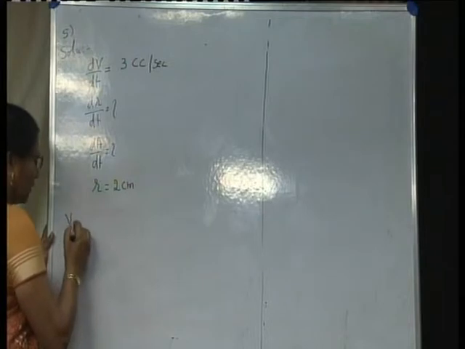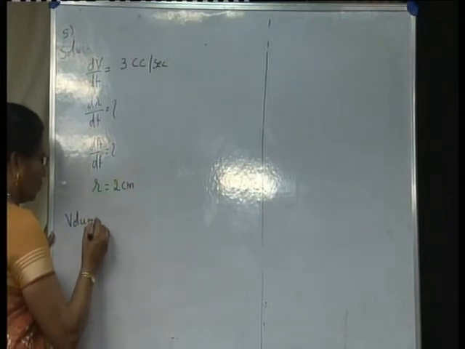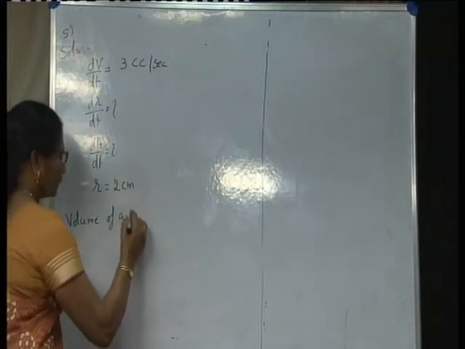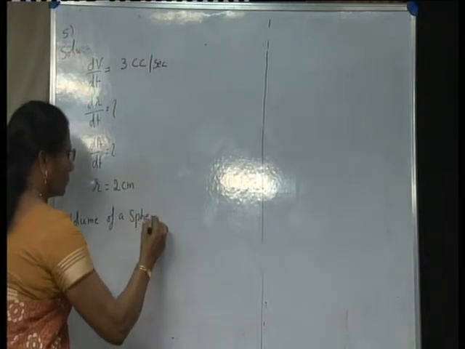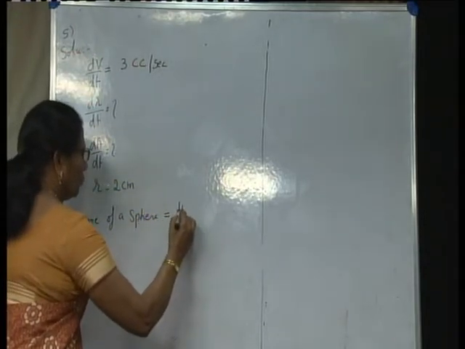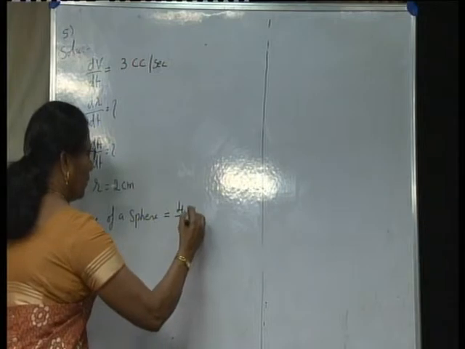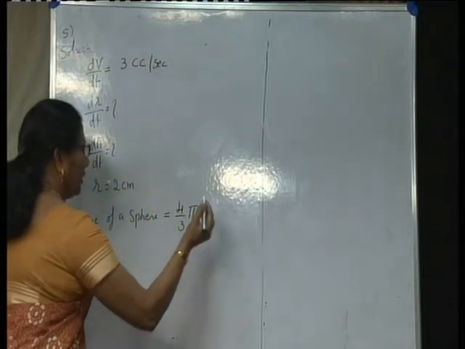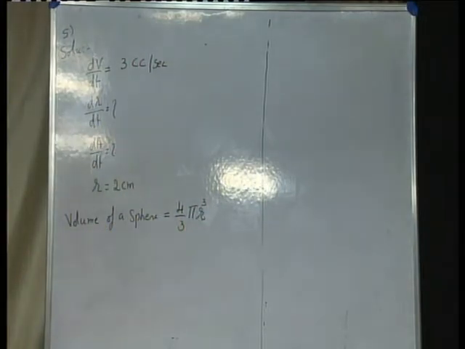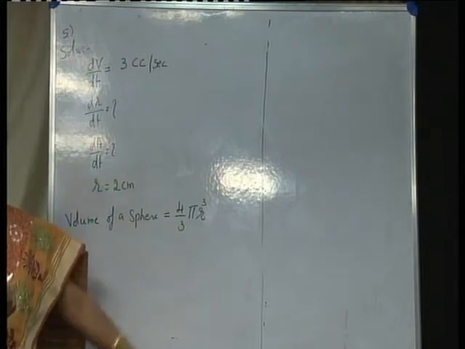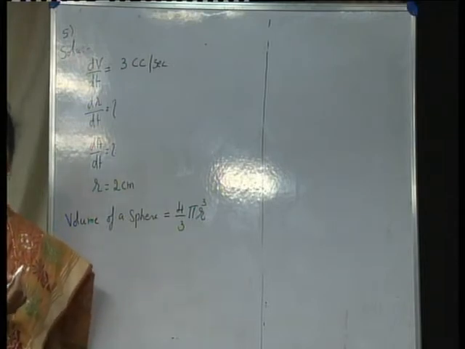Volume of a sphere is equal to 4 by 3 pi r cube, where r is the radius of the sphere. You studied this in your previous class; you have to remember this formula.